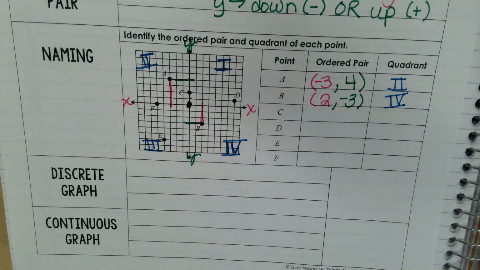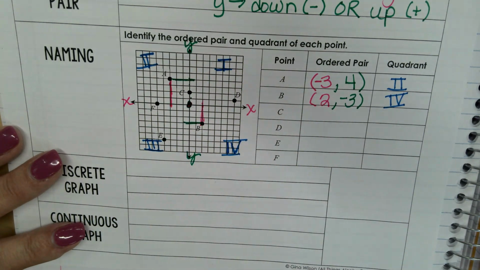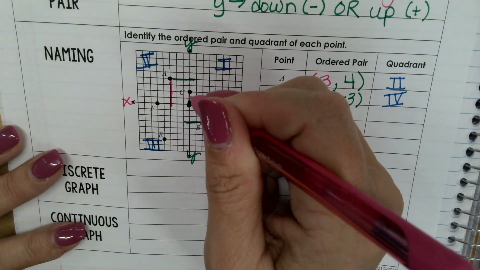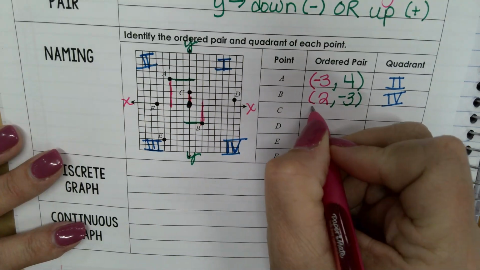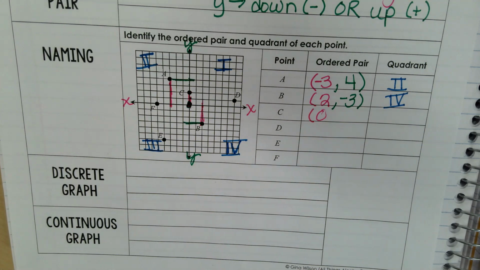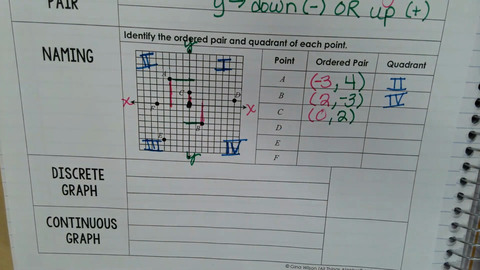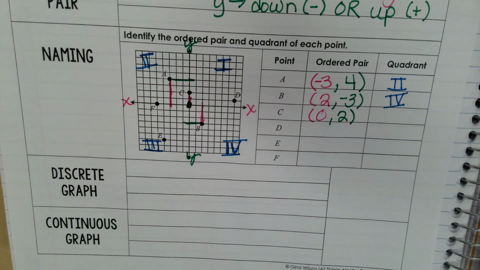All right, look at C. C is a little tricky. C is right here. Where does it touch on the x-axis? So I know I'm starting at 0. And then how many did it go up or down? 2. Okay, but this is the tricky part.